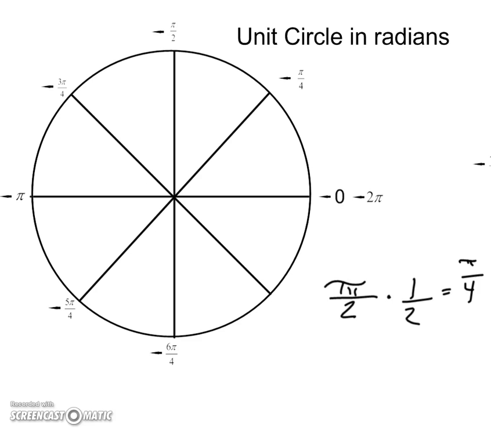So 6 pi over 4, 6 over 4 becomes 3 pi over 2, 7 pi over 4, and then 8 pi over 4 becomes 2 pi. So we count around in radians just like we did in degrees.